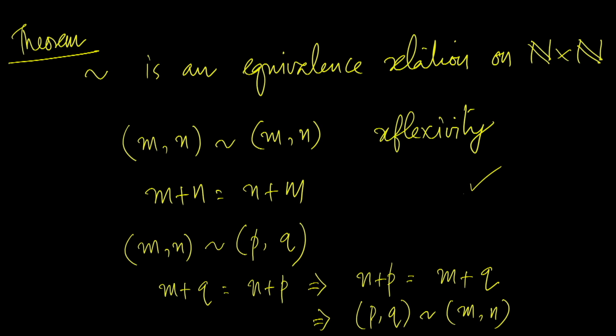Therefore, (p, q) is equivalent to (m, n). That is, (p, q) is in this relation tilde with (m, n). Therefore, this relationship is symmetric as well.